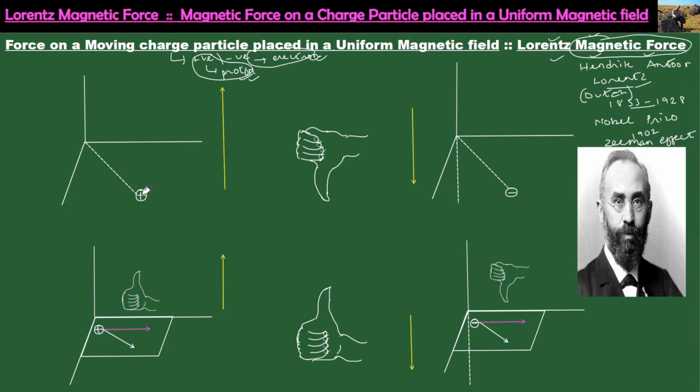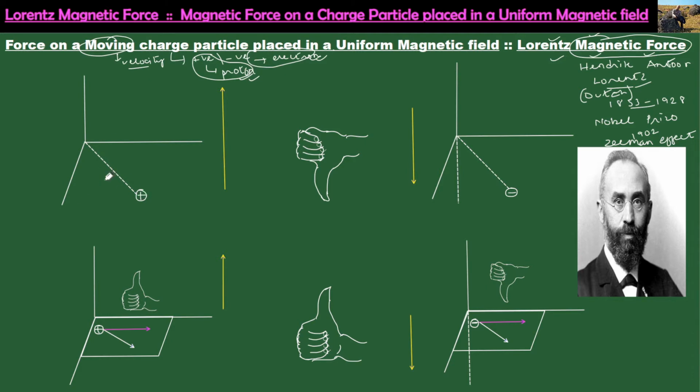I have this positively charged particle, and it is moving. When we talk about motion, there should be some physical quantity which describes that motion, and that is the velocity.